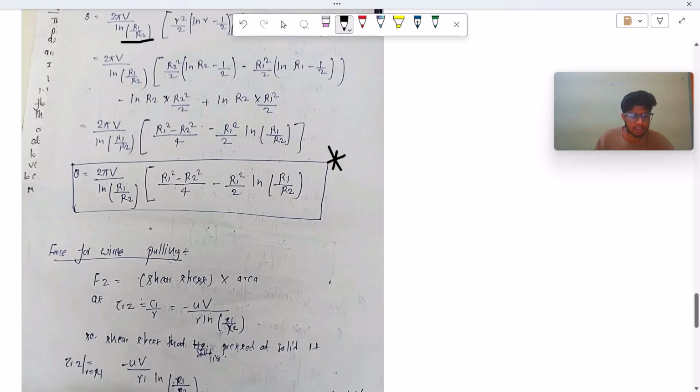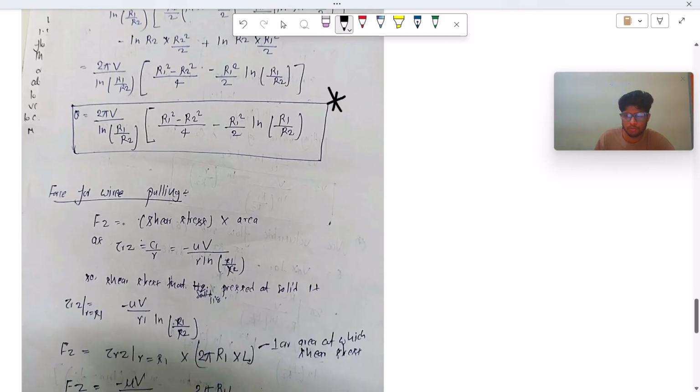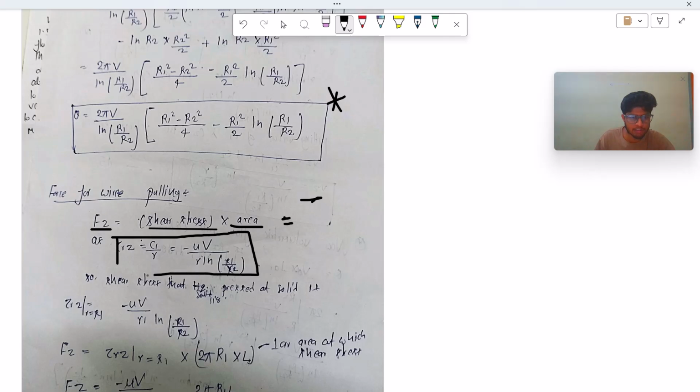Now the next part is that we have to find the force that is required to pull the wire. So if we find the shear stress and multiply it by the area, we get the force that we need to find. For this, first of all, we have to find the shear stress that acts on our solid, meaning on our wire.